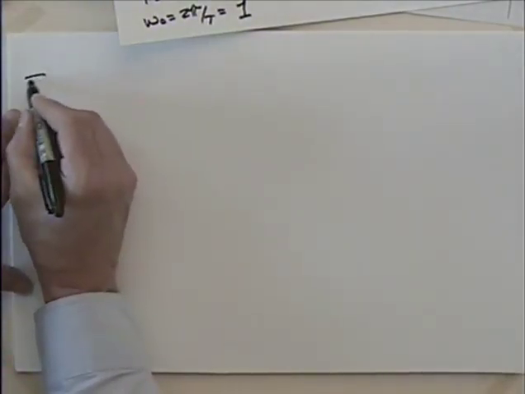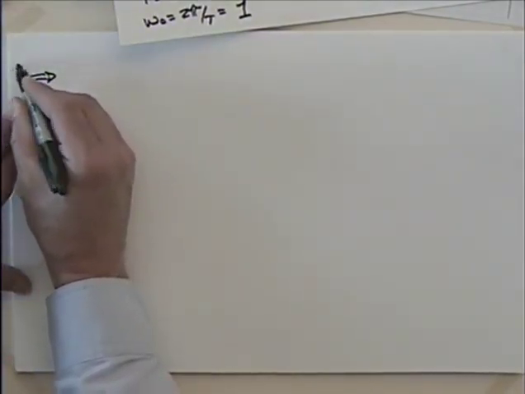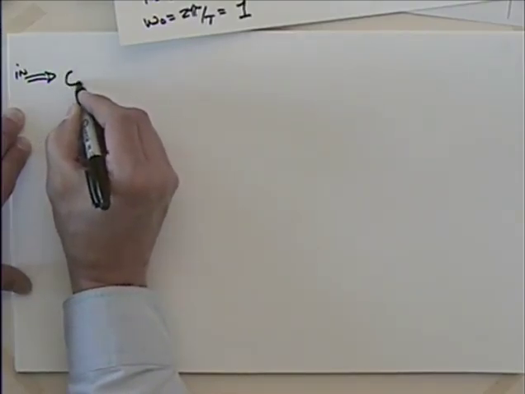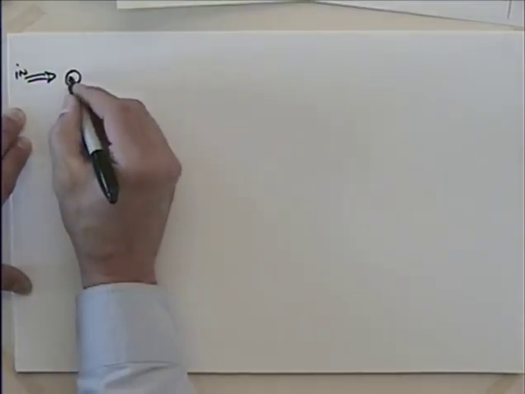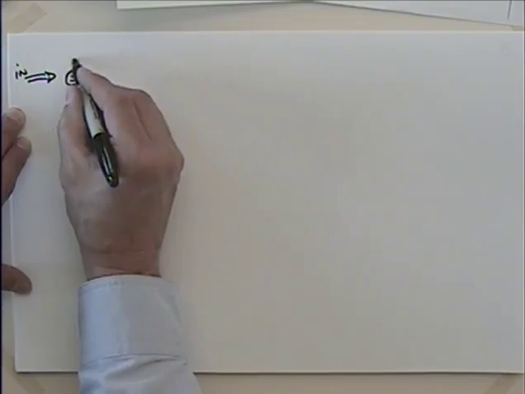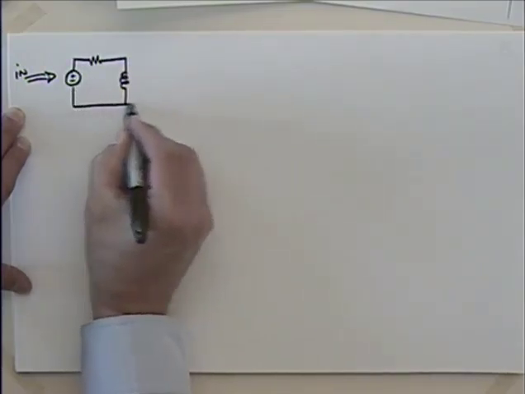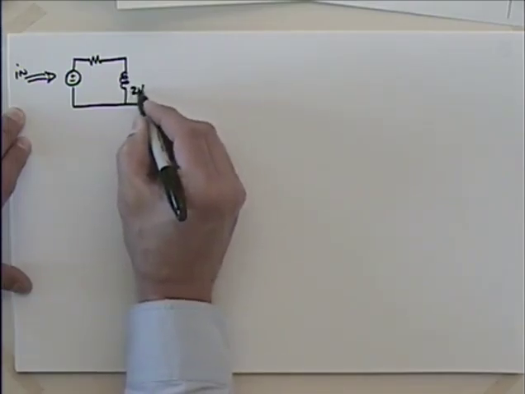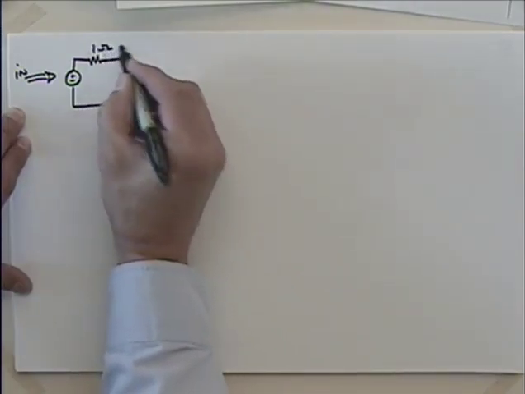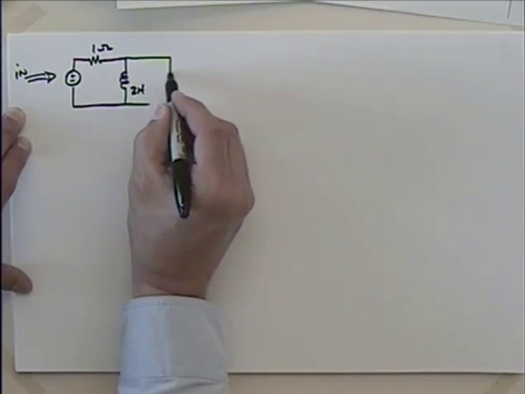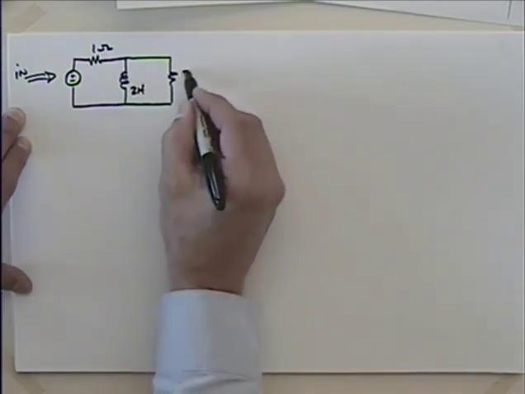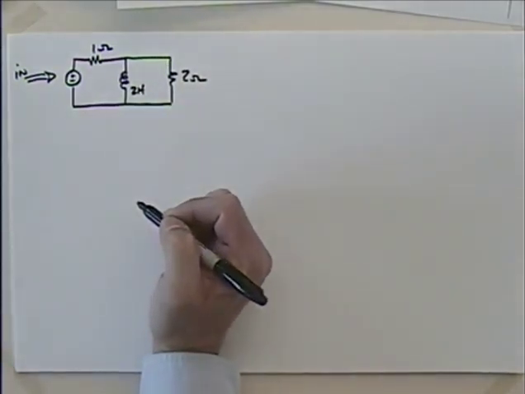So let's look at the circuit. We're going to be putting that into this voltage source here. We've got a 2 Henry inductor. That's a good sized inductor. And a 2 ohm resistor.